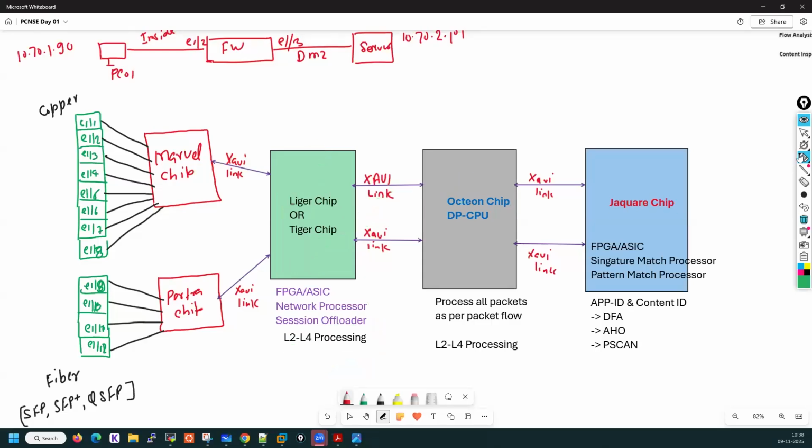Now, let me tell you one thing. Let's suppose this particular PC is trying to communicate with one of the servers here, connected by Ethernet 1/2, and the PC is connected by Ethernet 1/1.